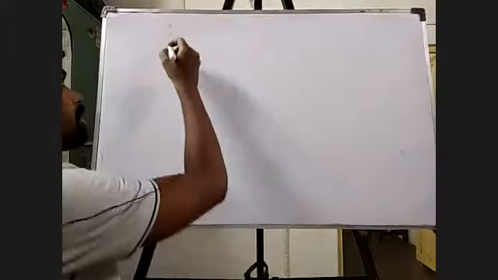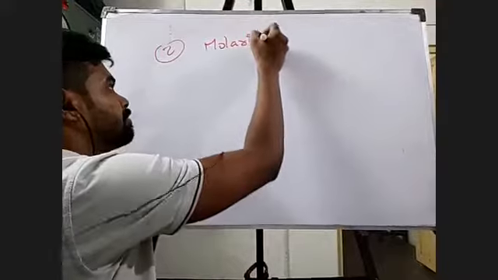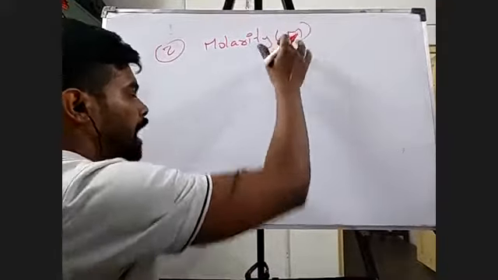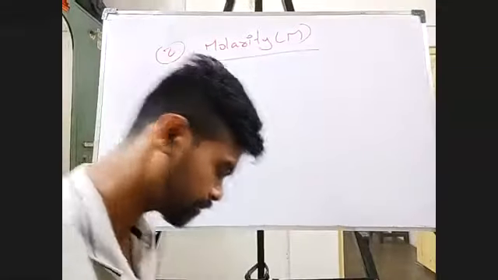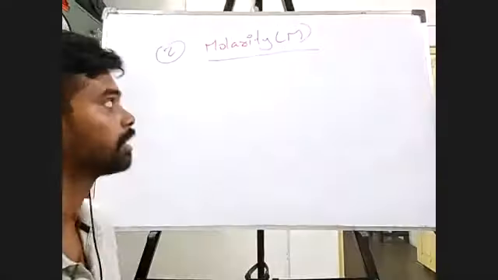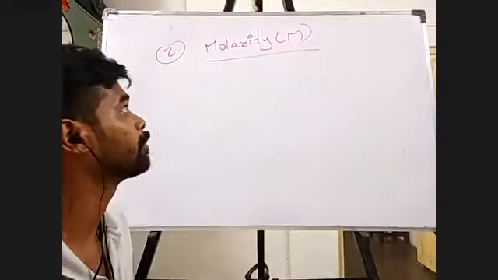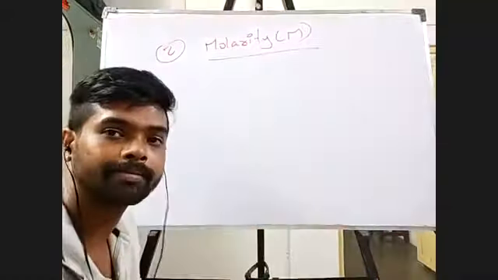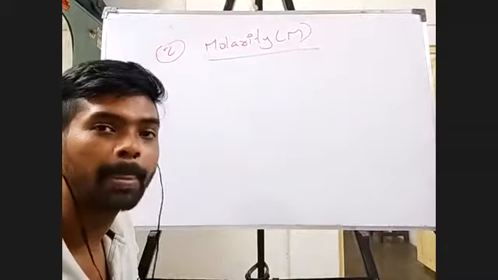Okay, the next concentration term is called molarity. It is denoted by the capital letter M. The second concentration term is molarity, M-O-L-A-R-I-T-Y. We'll take down the definition. Please take down.